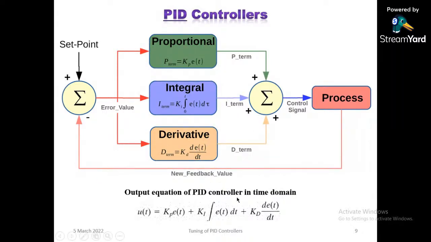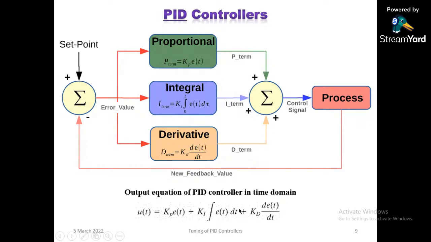Okay, now the output equation of the PID controller you can see here in the time domain. You can see here I'm using a summing point, which adds these three terms: Kp into E of t plus Ki integral E of t plus Kd derivative E of t.